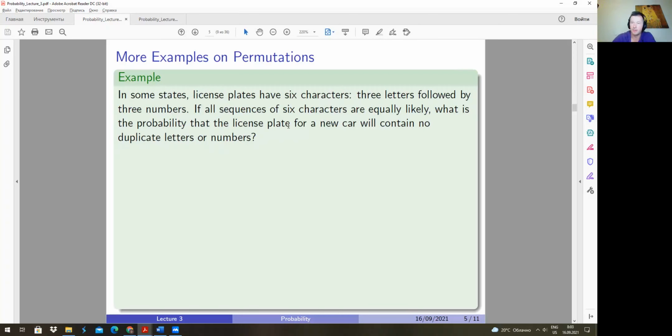So try to calculate this yourself. First of all, you need to start with the total number of all possible license plates. And then, to find the probability that the license plate for a new car will contain no duplicate letters or numbers, we need to find the subset of those license plates that do not have a repetition.